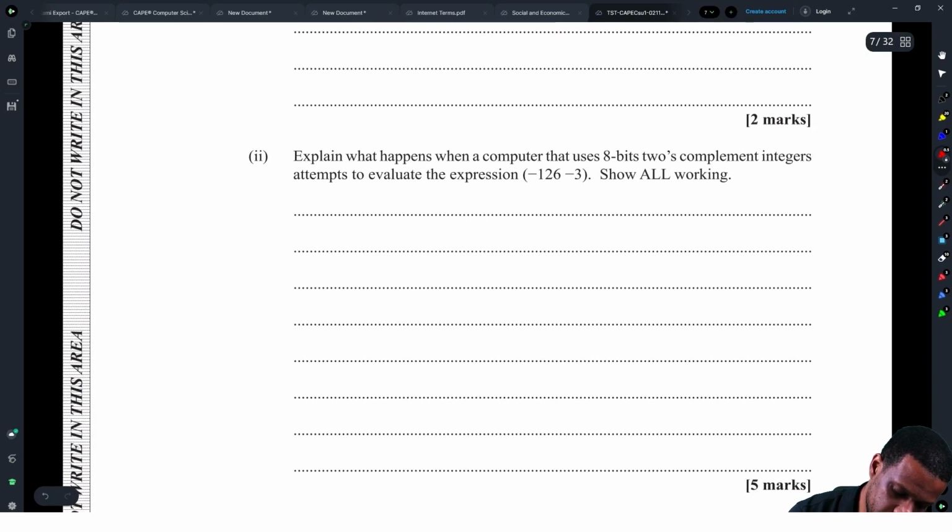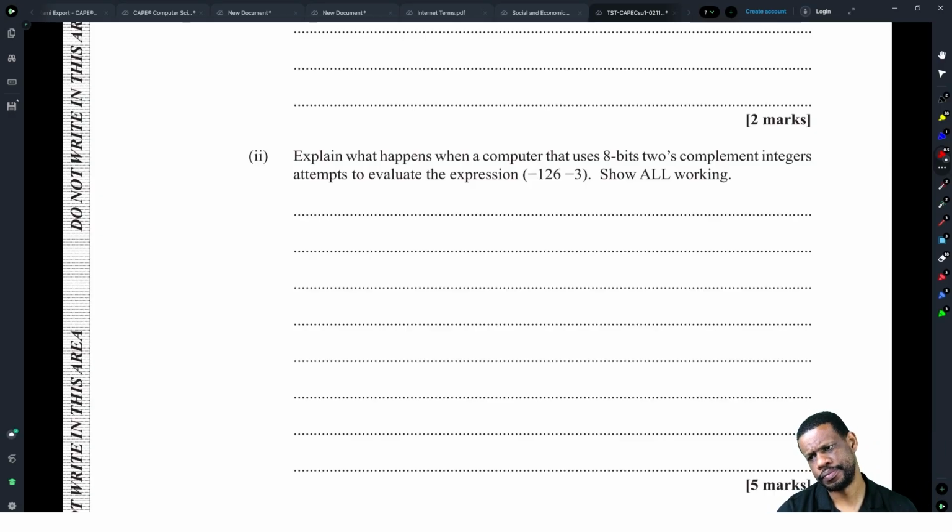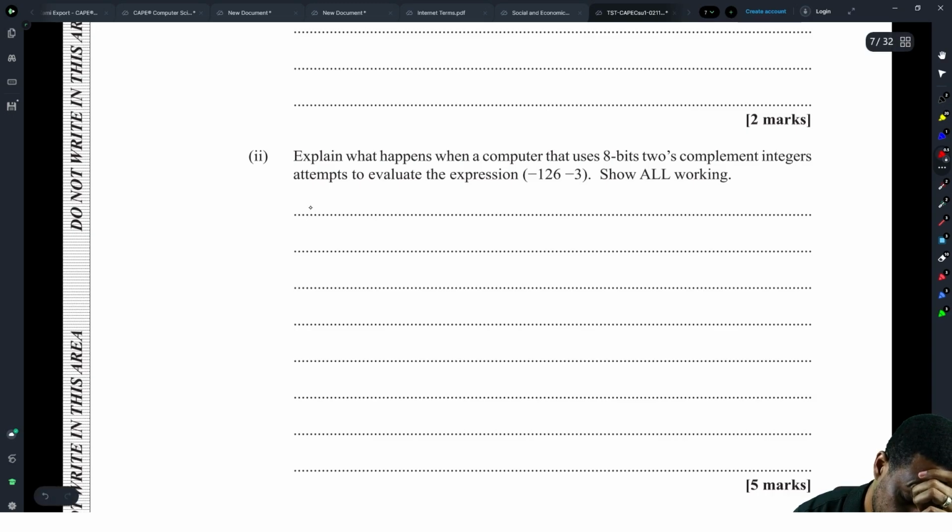Explain what happens when a computer uses 8-bit 2's complement integers and attempts to evaluate the expression -126 - 3. To explain that, basically what you want to say for 5 marks is that it will add -3 to -126.